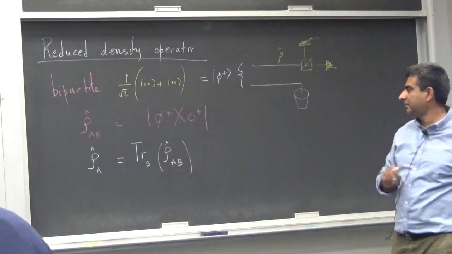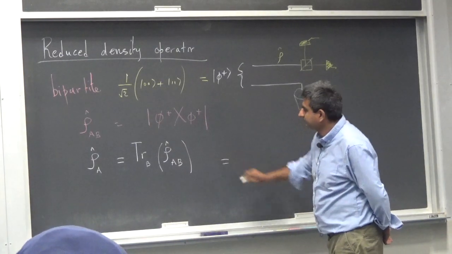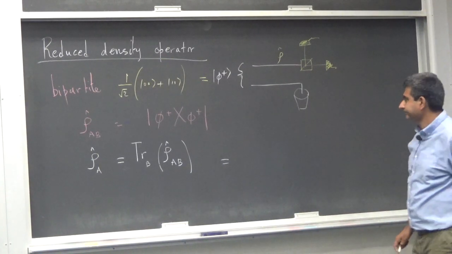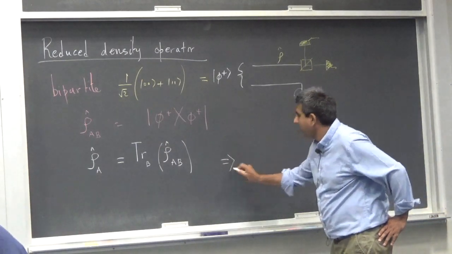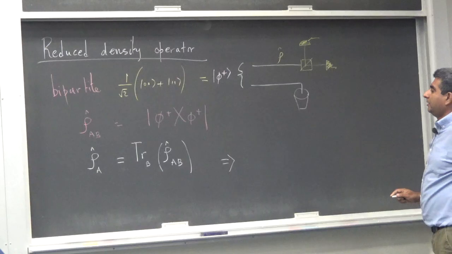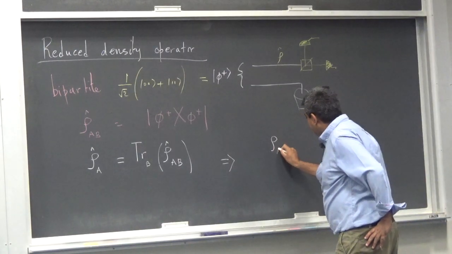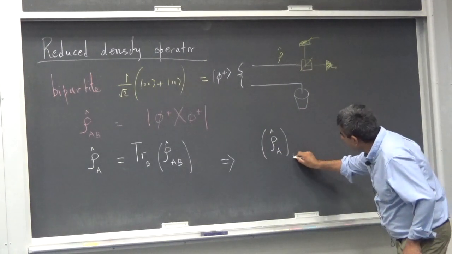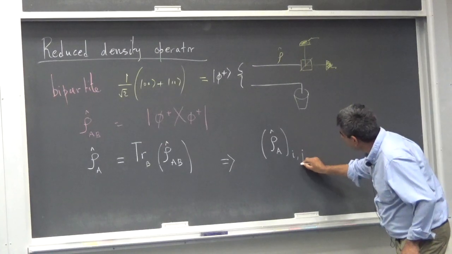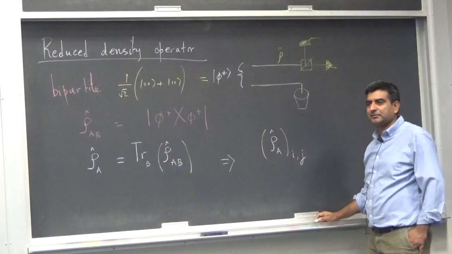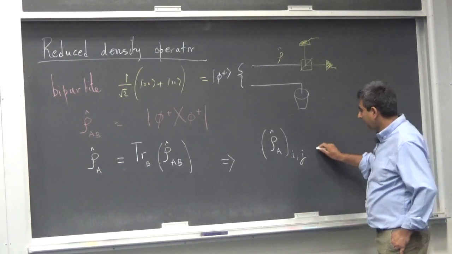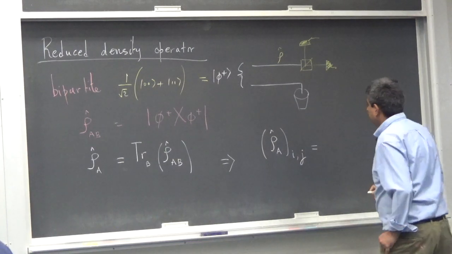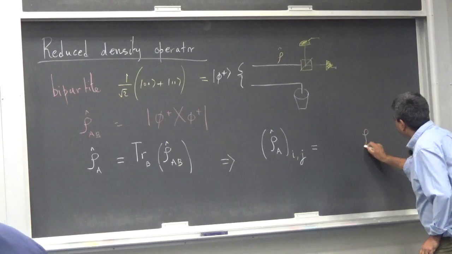And how do we do that? Now the reduced density operator, so how do we define this? The reduced density operator of A, its ith row, jth column, the term in the ith row and jth column is formed by rho AB.